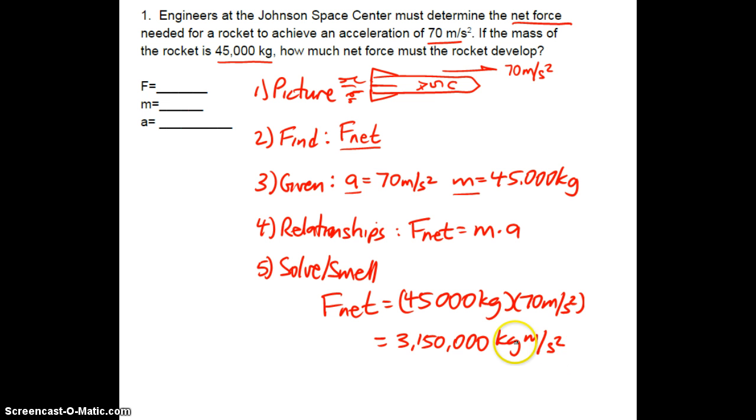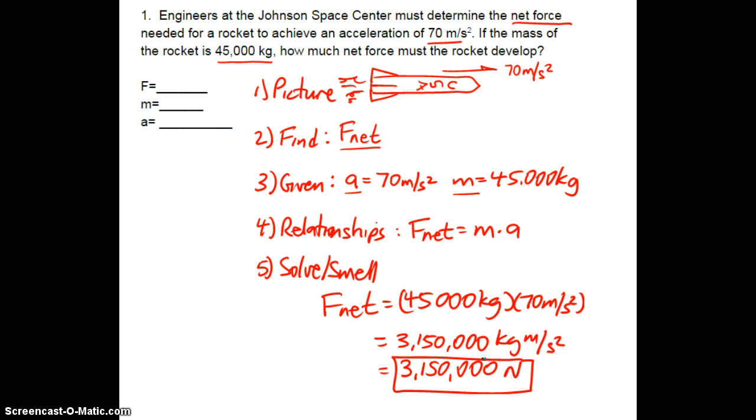Remember our dimensional analysis, we know that a kilogram meter per second squared is a Newton, so 3,150,000 newtons.